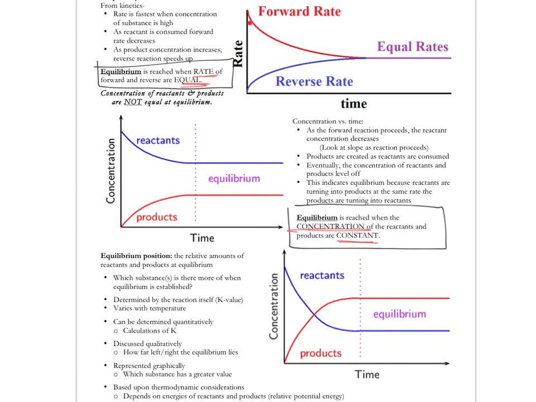But in either case, the rate at which reactants turn into products decreases as my reactants go down. The rate at which products are made increases, and the rate at which reactants are made again increases as I have more products. So you will either look like this or this. You can't have both of these for the same reaction, but this is the same for either of them, and that's important.